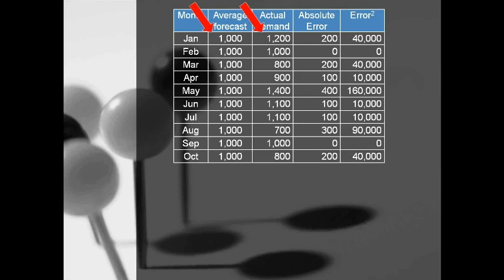The average forecast would relate to the average height of all of those people. So in this case here, our average forecast, 1,000 a month for 10 months, January through October. Our actual demand would be what we actually sold each of those months.